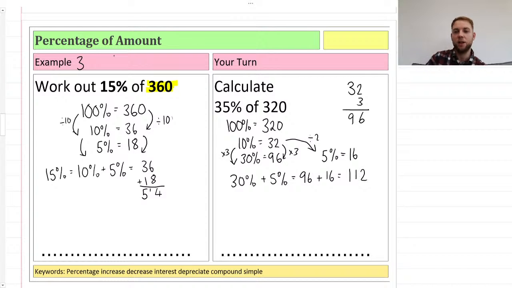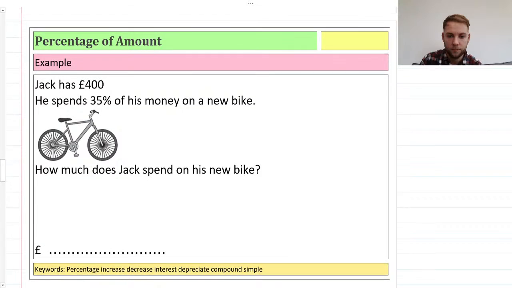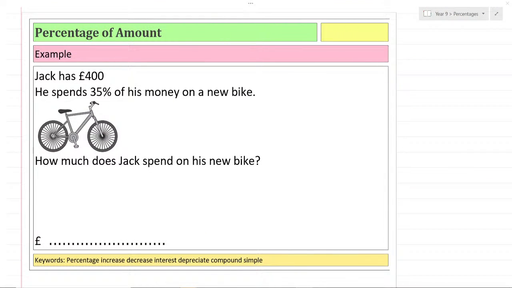Good work. Now take note, I am using non-calculator methods today. We want to try and stick with non-calculator for today. Alright, there's those two. Have a little go at this question yourself.